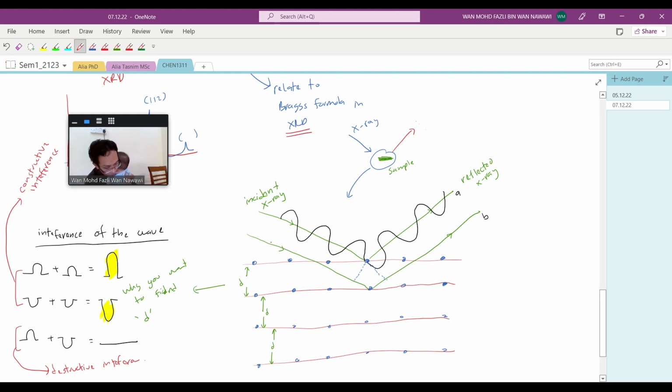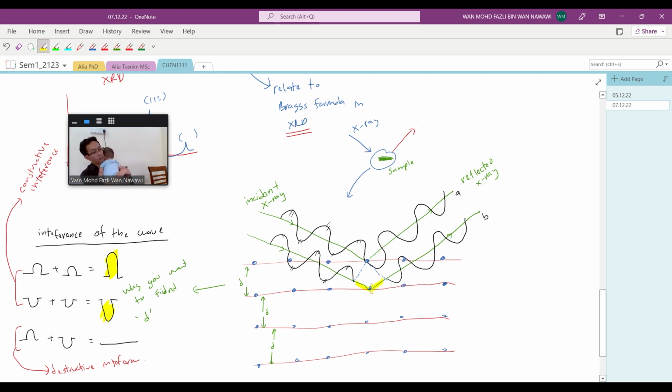Let's say the waves are normally parallel, so it will be the same, and this also the same. Because remember, the X-ray wave comes in just one go. So it's just one wavelength, one phase. That's why it's the same as the top here. This is the same, this is the same. But now we have an extra path here.